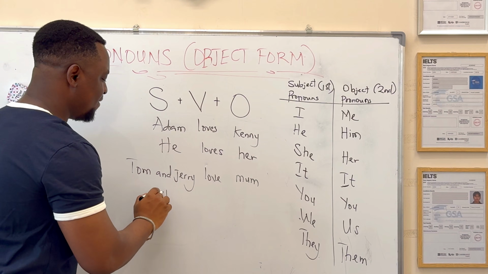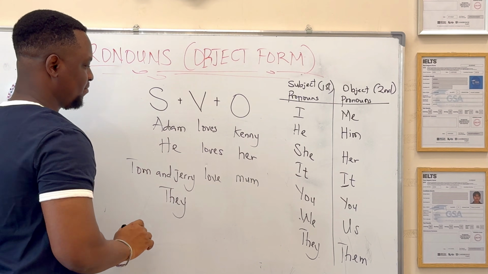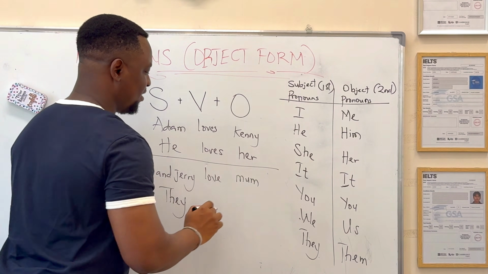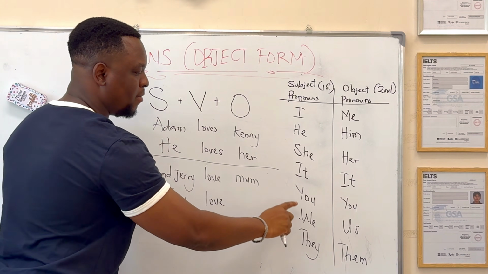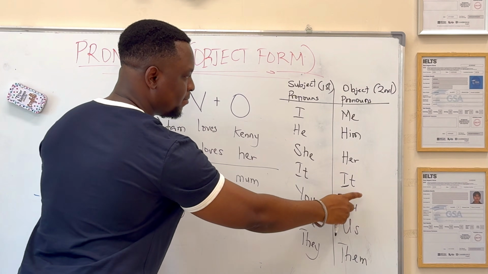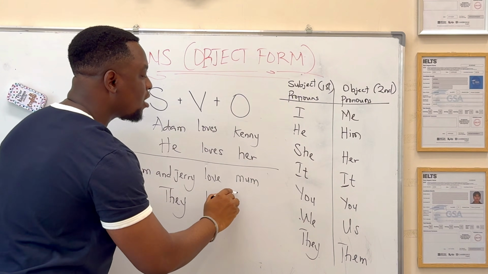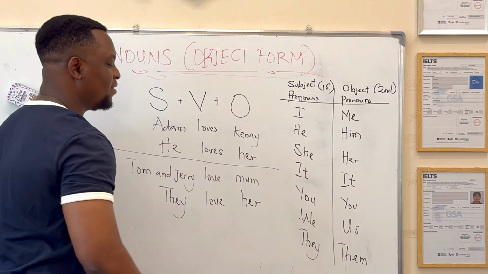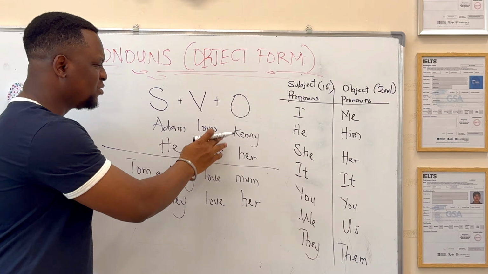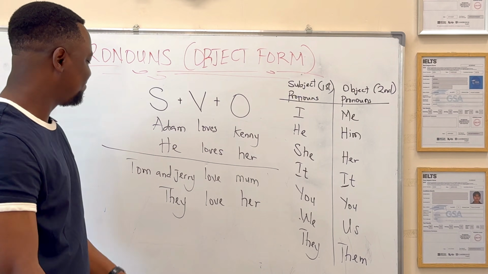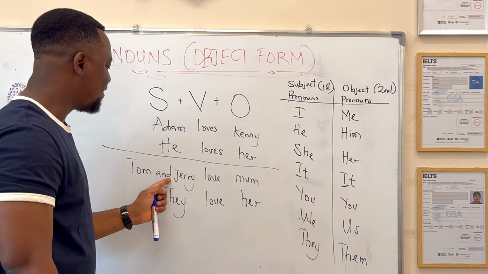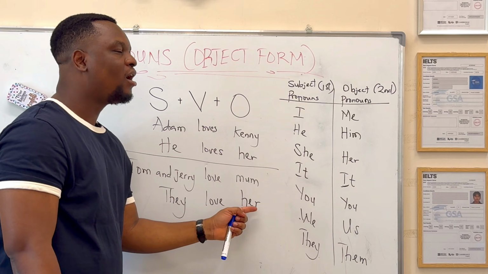So you can say they love mom, her. They love her. Don't worry about this. I will teach you that later. Okay, Tom and Jerry, they love her.